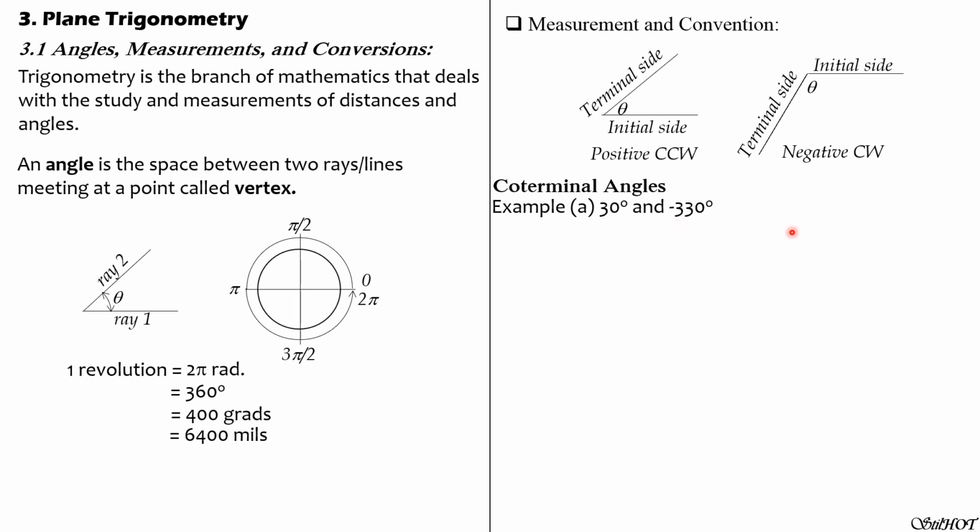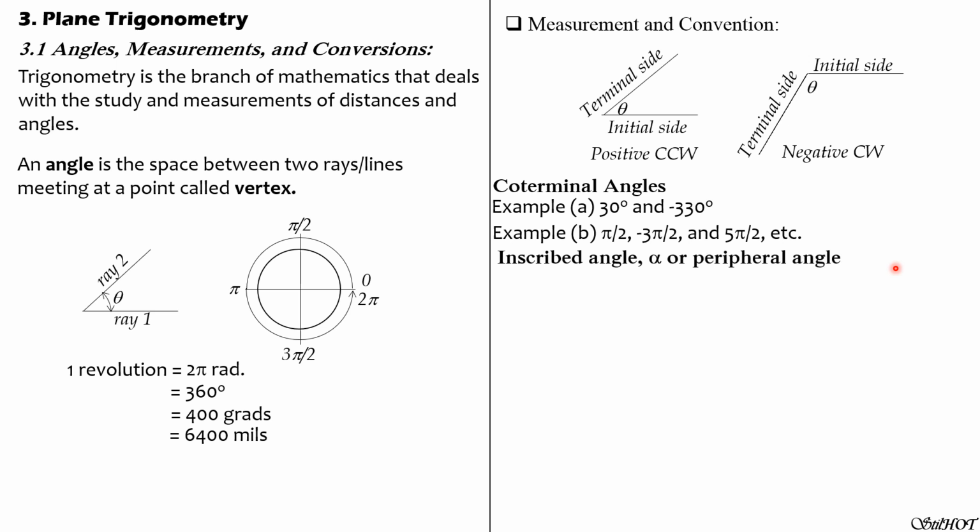Those are coterminal angles. Another example would be pi over 2, negative 3 halves pi, and 5 halves pi, etc. So you can represent an unlimited number of angles coterminal with a given angle.